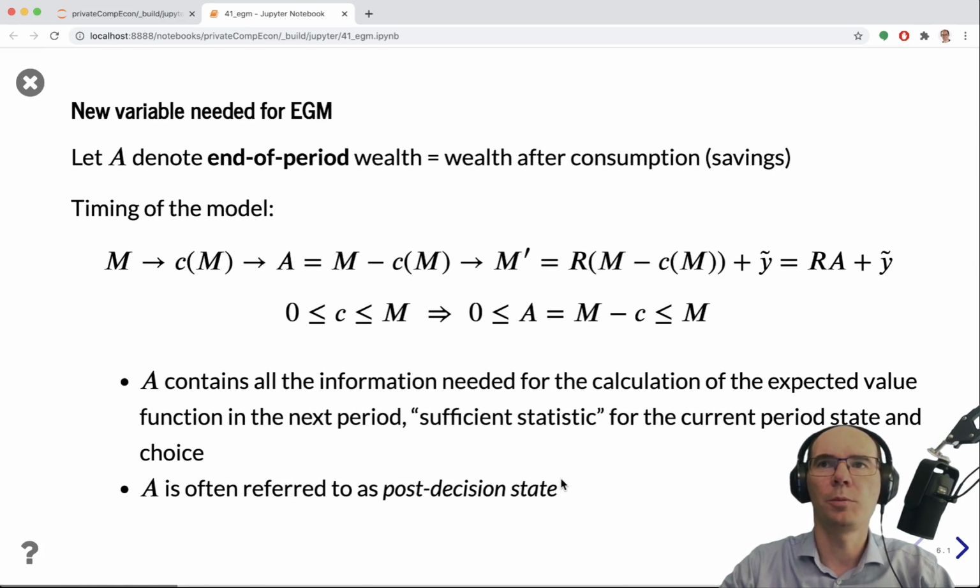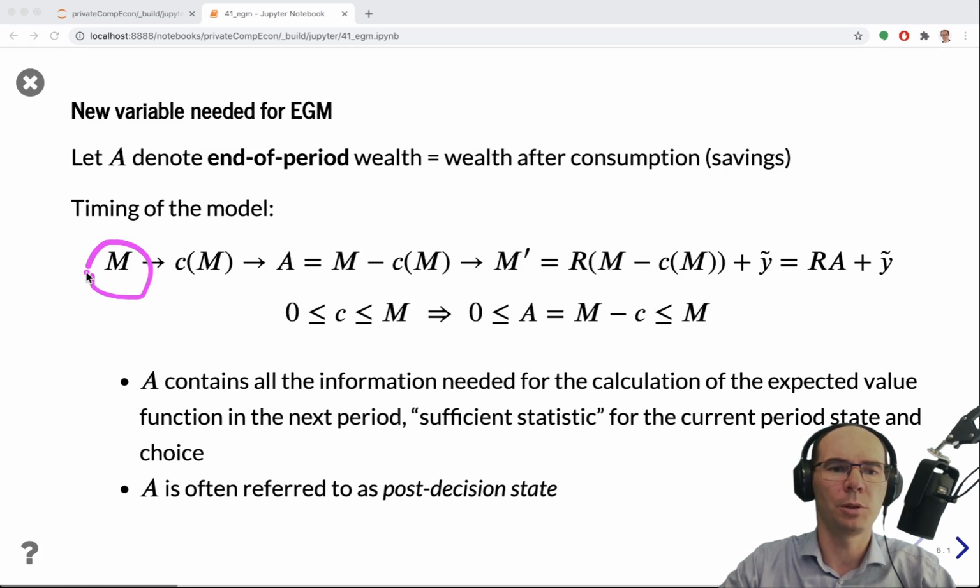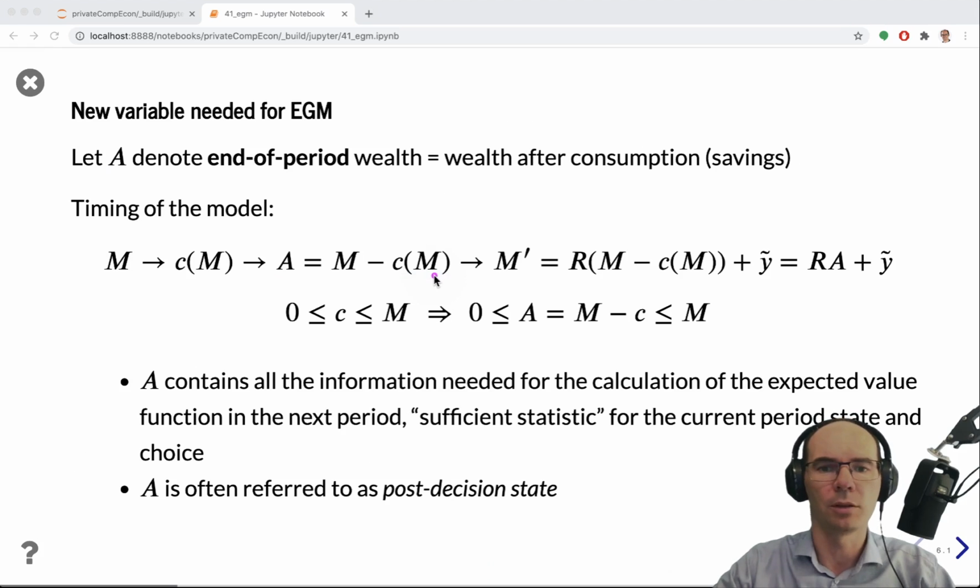Now, for EGM, we need a new variable. This new variable is going to be denoted A, and this denotes the end of period wealth. Okay, this is wealth after consumption. So the timing of the model is like this: we start the period with some wealth M, then based on the amount of wealth here, we consume optimally, and that gives us this A, which is the money that is left after consumption in the current period.